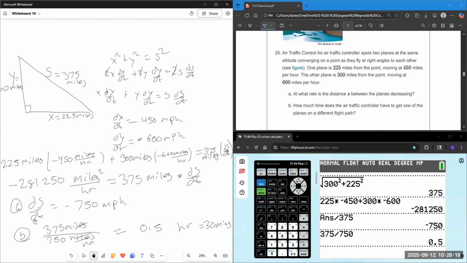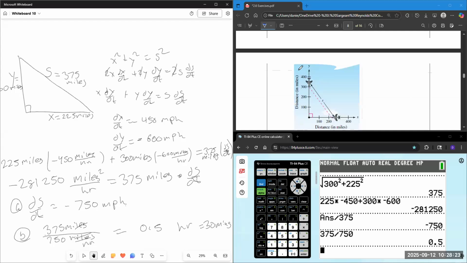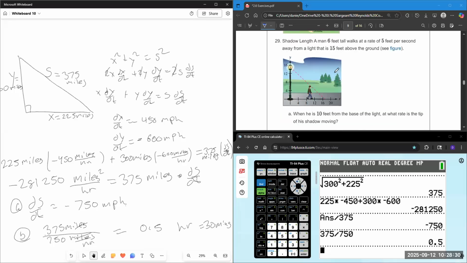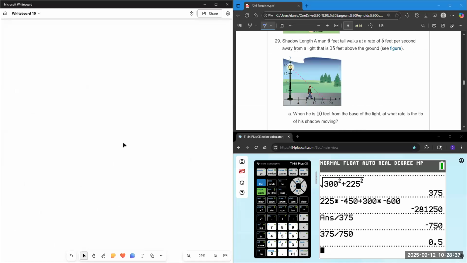I've got number 29 next. It's pretty normal to talk about a 6 feet tall man in these problems just because 6 is a nice round number, even though most people are not 6 feet tall.